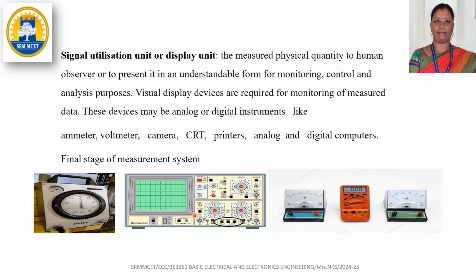This is a display unit which displays the electrical signal in waveform format. This is the screen. You see the measured electrical signal in a waveform pattern with respect to time, so we can observe the voltage and current data. And these two meters are a voltmeter and an ammeter.